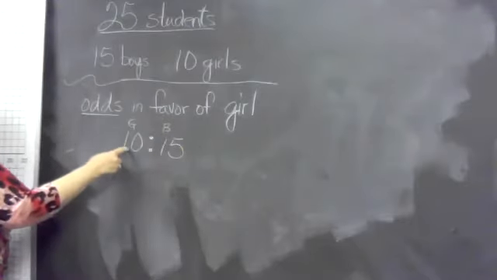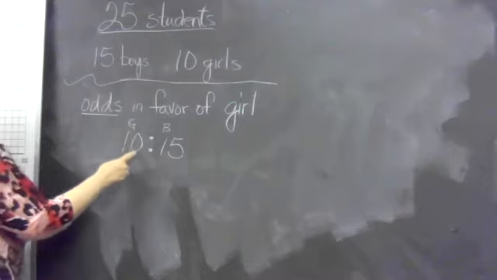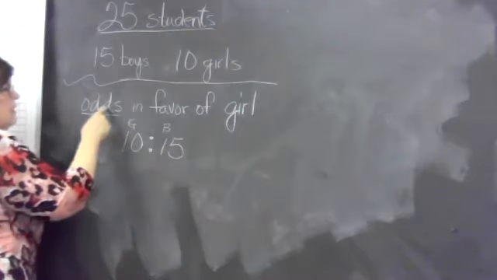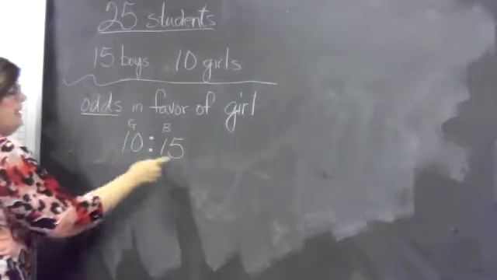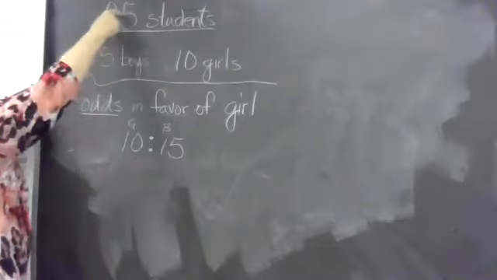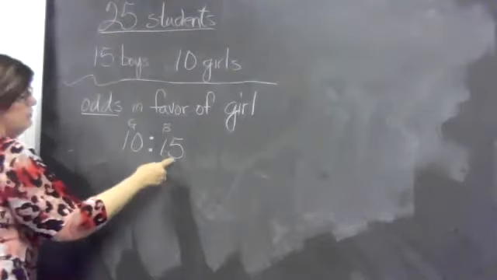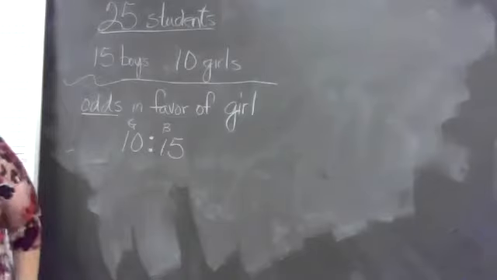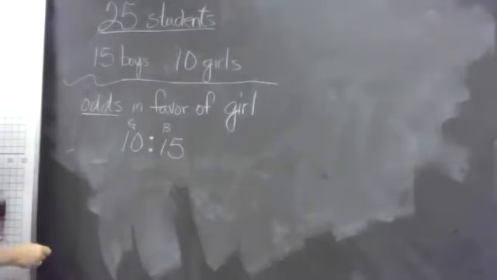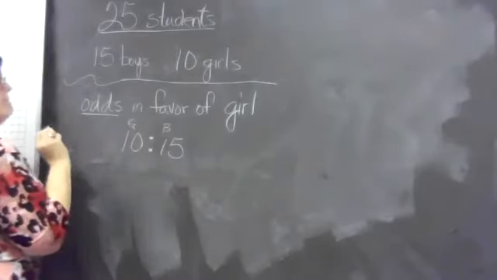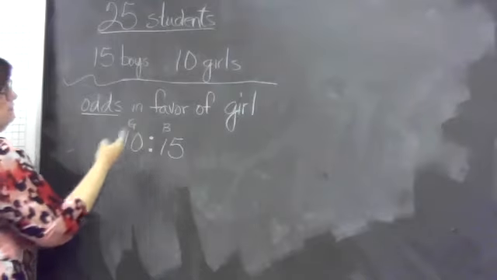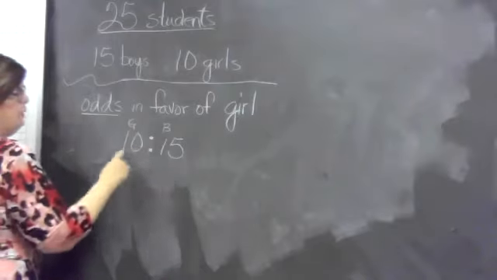This is in favor of the girls. And notice that when you're finding odds, these two numbers add up to the total. You don't put it over the total. Okay. And then we reduce or simplify, divide by 5, just like you would a fraction.